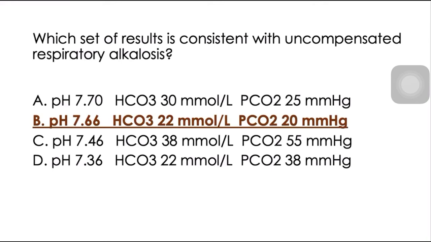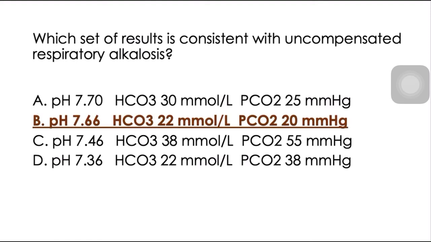So, nagkakaroon siya ng compensation. Partially compensated respiratory alkalosis na po yun, kapag ang bicarbonate is nag-compensate na, less than 22 ang bicarbonate value. Kapag fully compensated na po yun, dapat ay normal na si pH. Clear po ba yun?